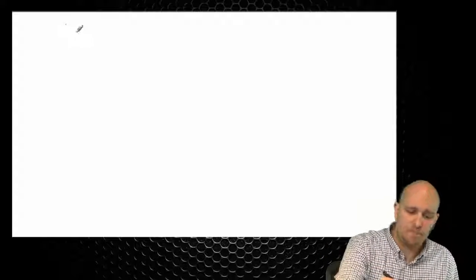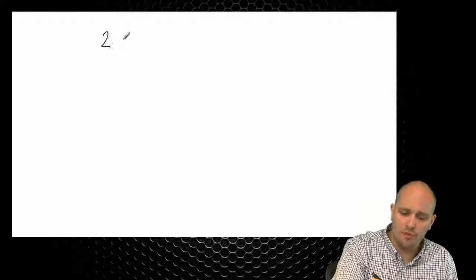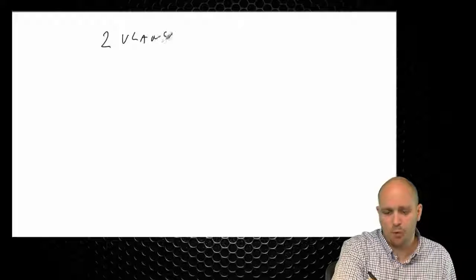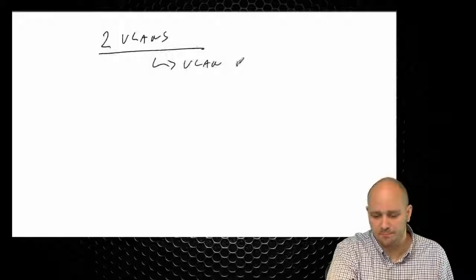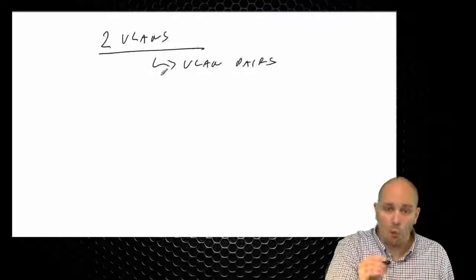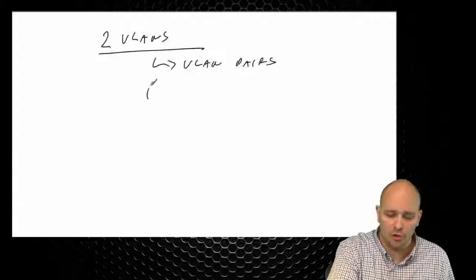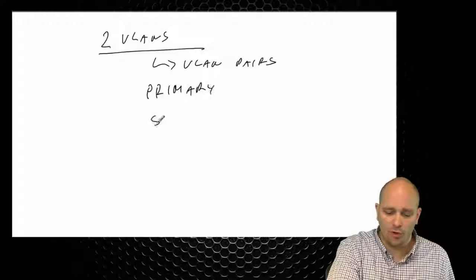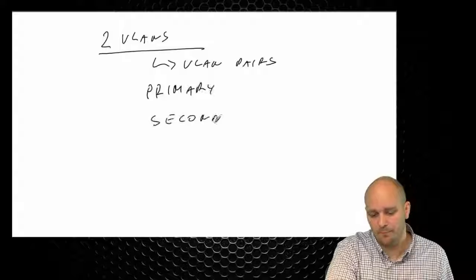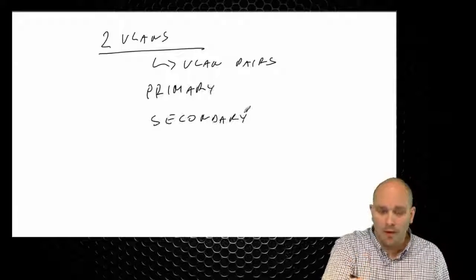Well, first things first, they solve the problem by using 2 VLANs, or as the RFC says, they use VLAN pairs. Now, one VLAN in this VLAN pair is going to be the primary VLAN, and then we are going to have a secondary VLAN.